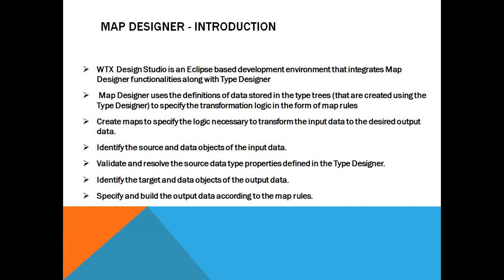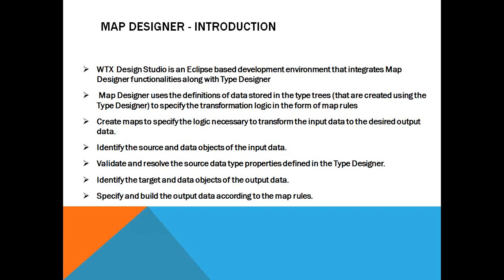Okay. And the map designer uses the definitions of the data stored in the type trees to specify transformation logic in the form of map rules. So a map is nothing but it uses the definitions of data. Where will you create the definitions of data? We'll create them in the type trees.